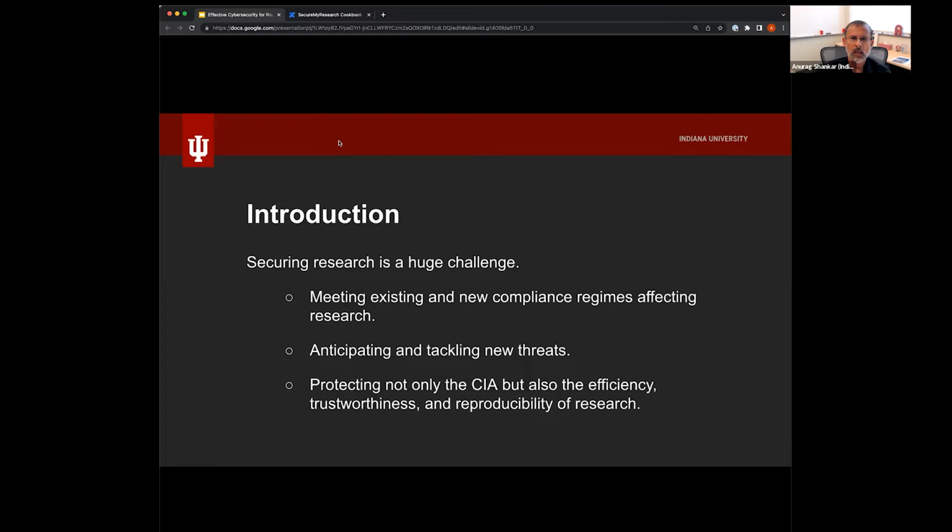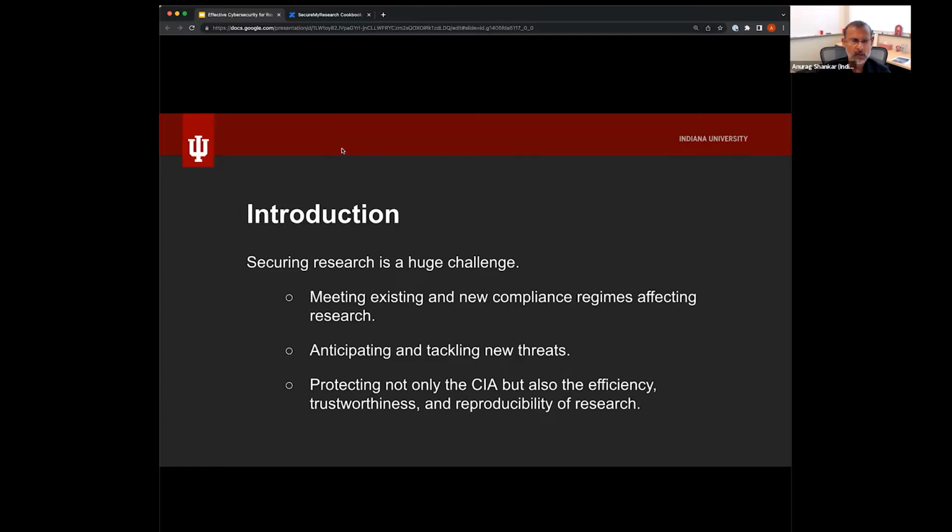For example, researchers work with regulated data, and meeting those compliance requirements is difficult. With the current cyber climate, the number of regulations is increasing and becoming more extreme. Also, with time, new threats are emerging, and it's hard to anticipate and tackle those threats.